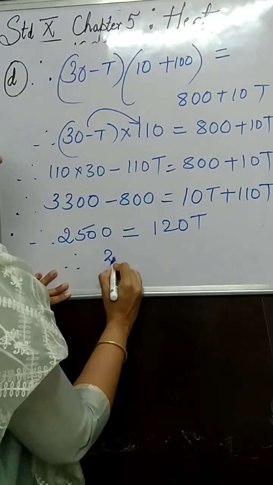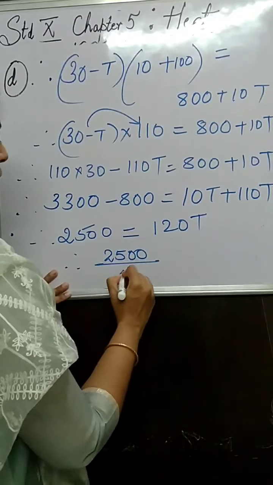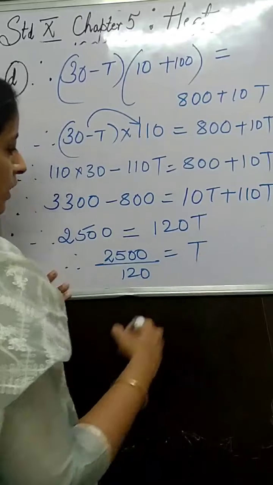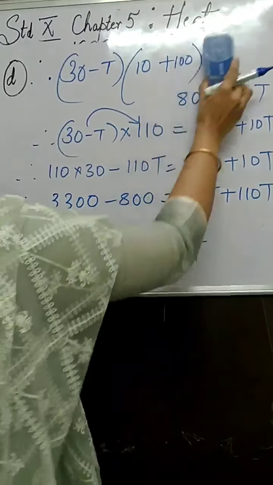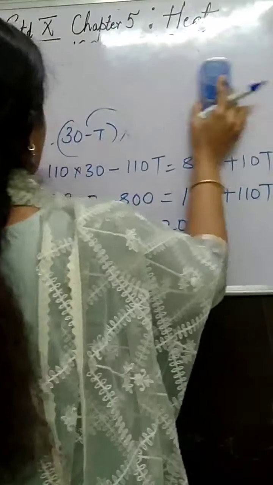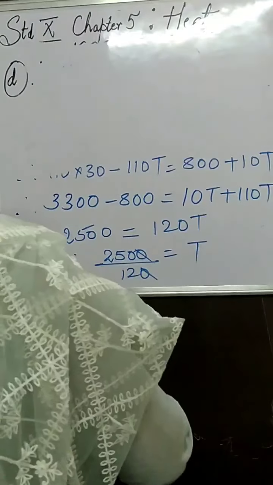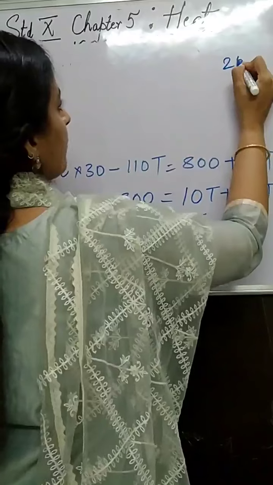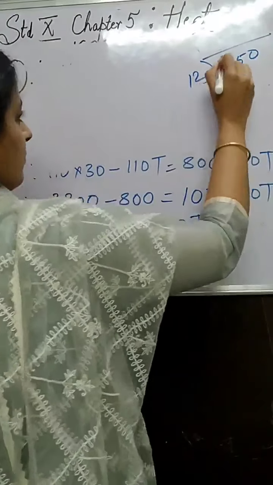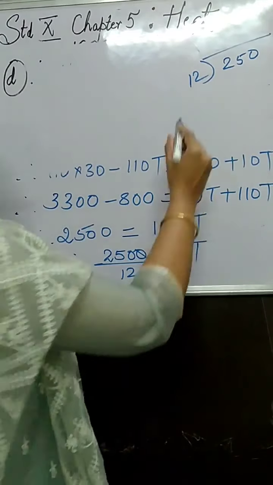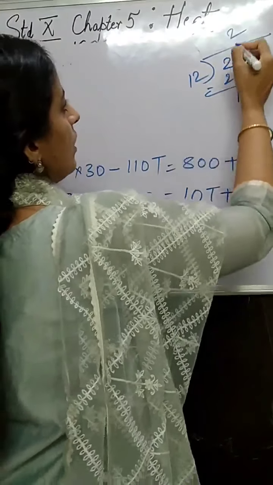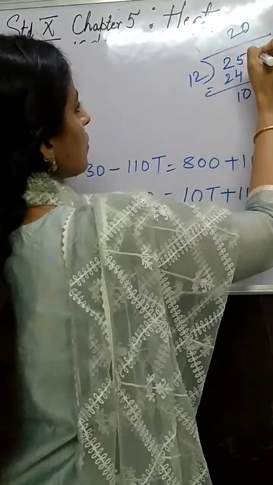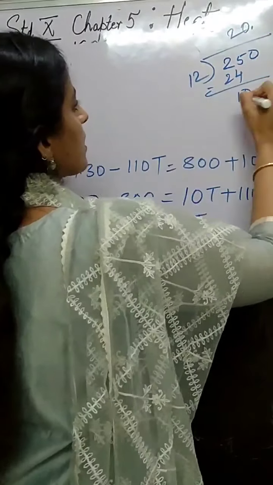So therefore 2500 upon 120 is equal to T. 0, 0 cancel. So now I will divide. I am going to divide 250 by 12. 250 by 12. 12 2s are 24. 10. So this is not going. So I will put a 0 here and decimal point.